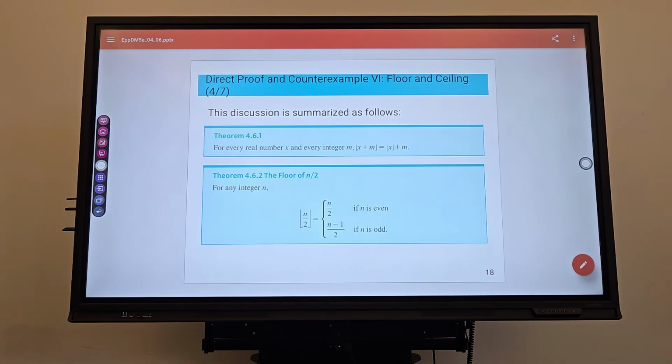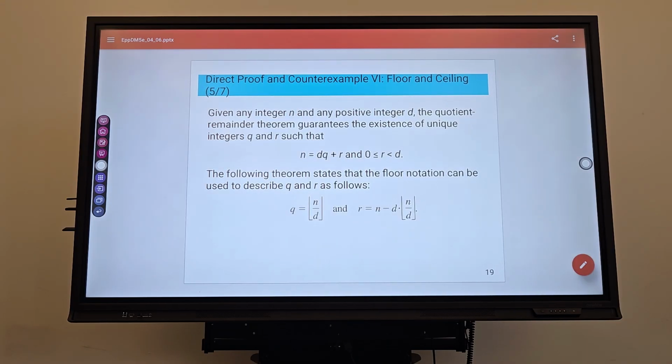For any integer n, the floor of n over 2 equals n over 2 if n is even, and n minus 1 over 2 if n is odd. Given any integer n and any positive integer d, the quotient remainder theorem guarantees the existence of unique integers q and r, such that n equals dq plus r, and r is greater than or equal to 0 but less than d.